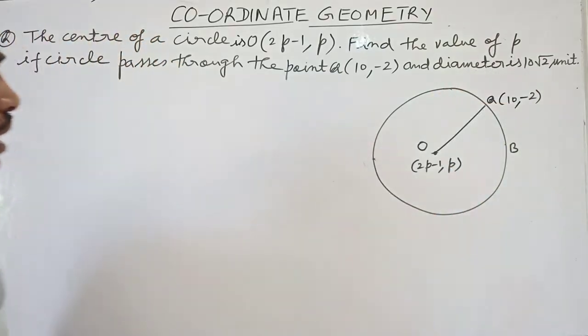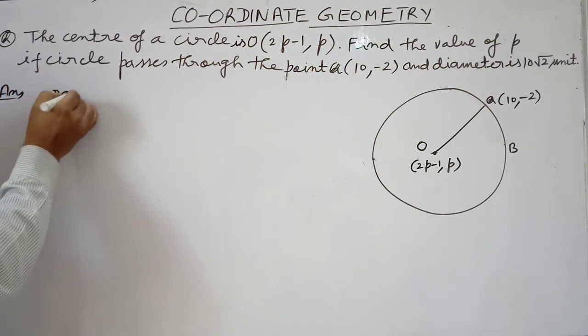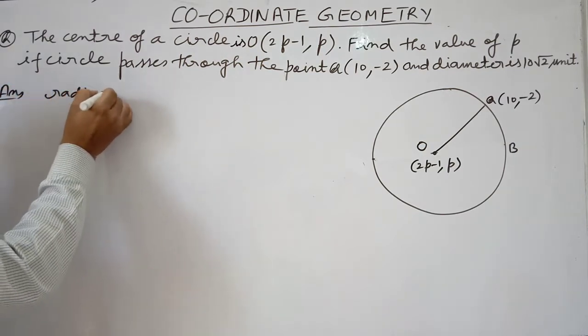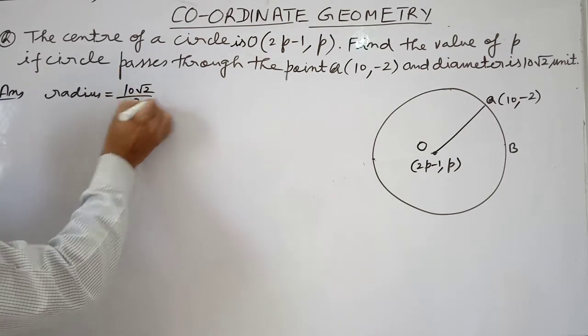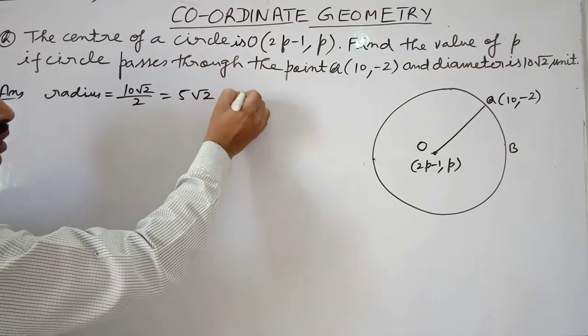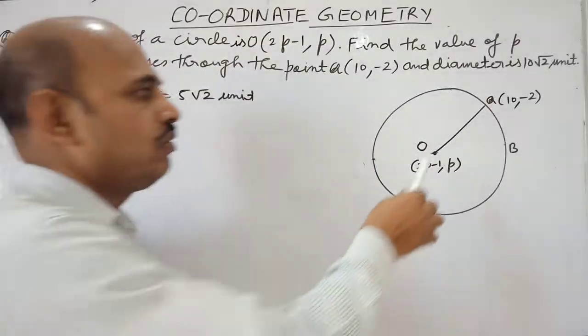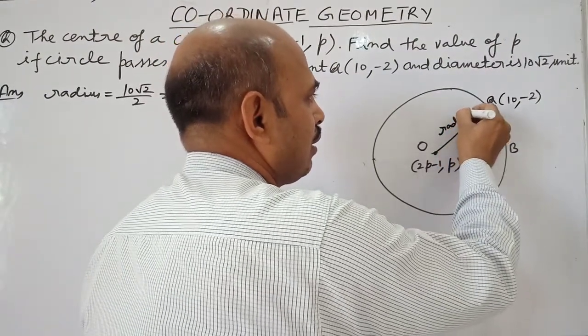If the diameter is 10 root 2, then the radius will be how much? 10 root 2 upon 2 means 5 root 2 units. And OQ is what? OQ is the radius.